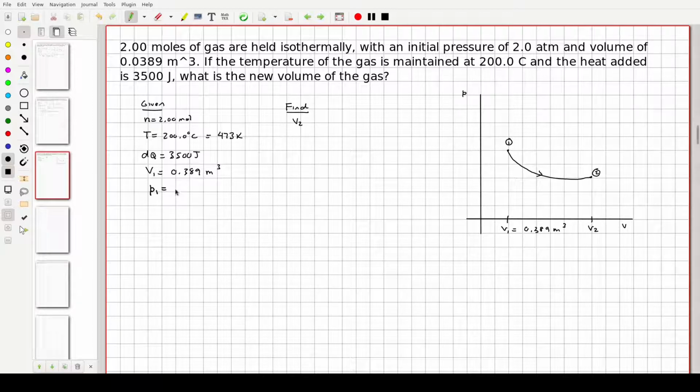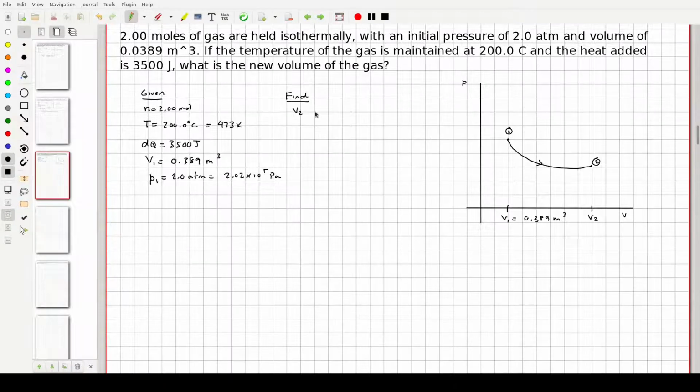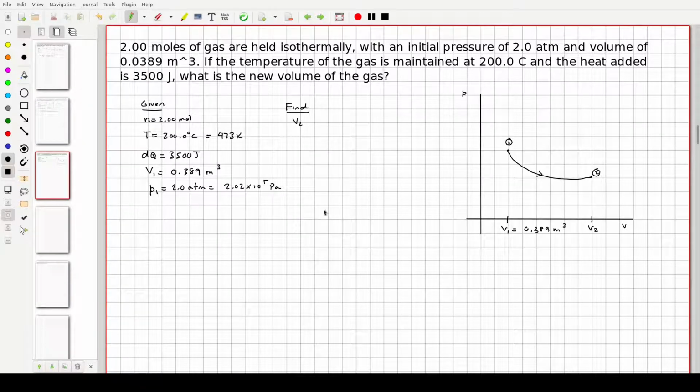At the beginning, it's 2.0 atmospheres, which is 2.02 times 10 to the 5th pascals. So the next thing you want to do is write down your first law. dQ is equal to dU plus dW.